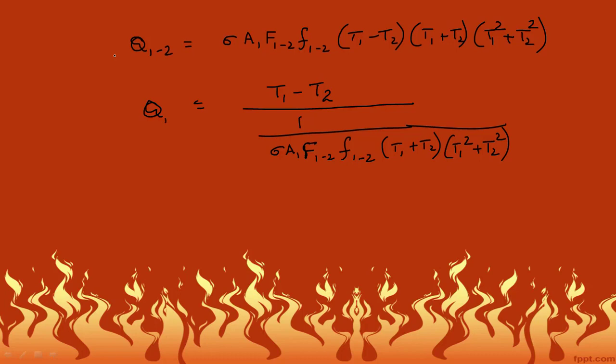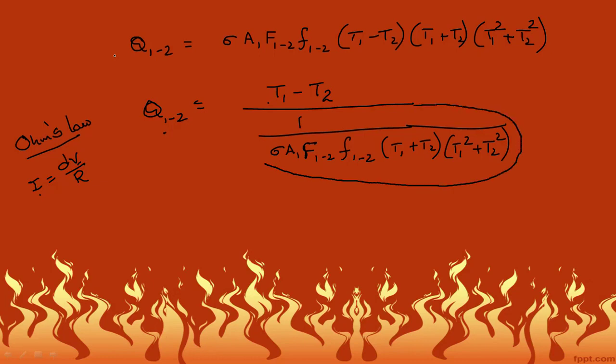Now, if we relate this with Ohm's law, as these two laws are analogous, Ohm's law states that I equals dV by R. Current is because of potential difference and the material offers resistance to the flow of electrons. Here, heat transfer is because of temperature difference and the resistance offered here, we call thermal resistance, and this thermal resistance is due to a radiation effect. So this is the formula for heat transfer by radiation we need to remember.